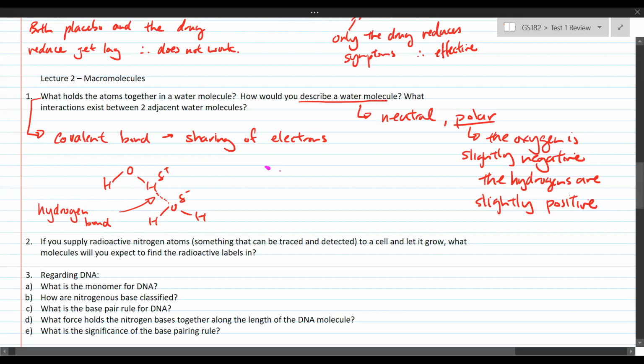Hydrogen bonds, not related to water, exist in proteins and DNA. So it holds together the two strands of DNA and it stabilizes secondary and tertiary structure.